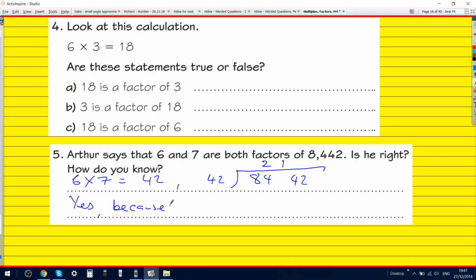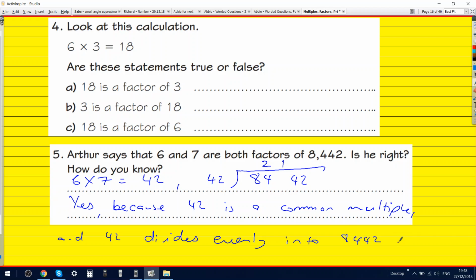Yes, because 42 is a common multiple. And 42 divides evenly into 8442, 21 times.